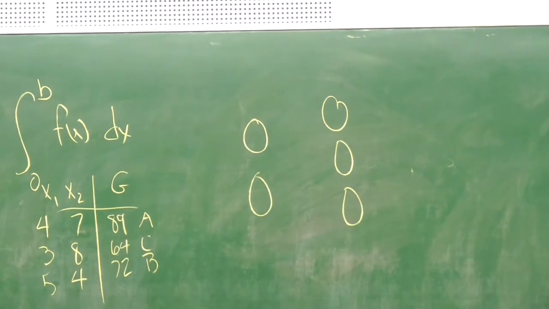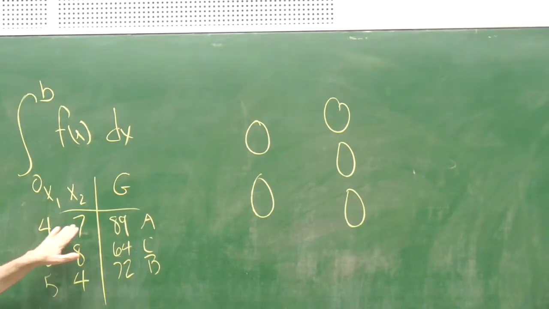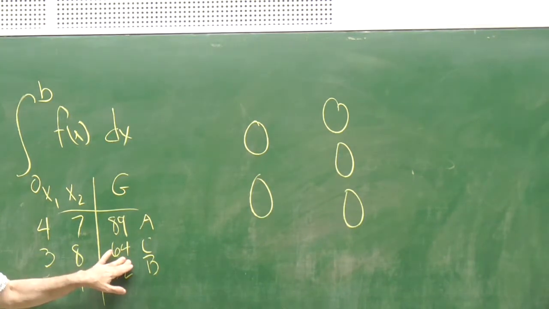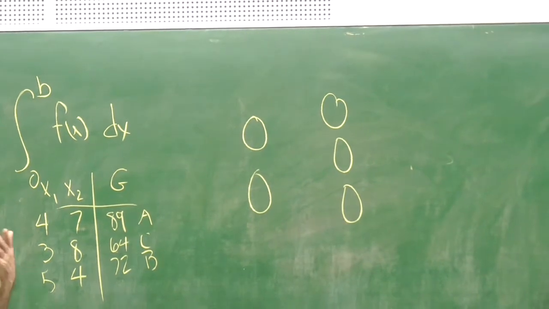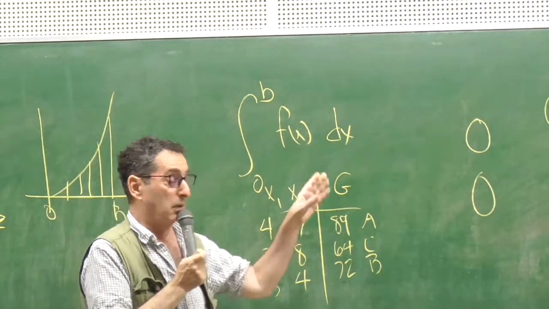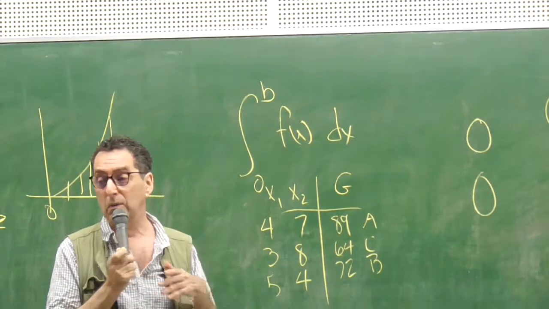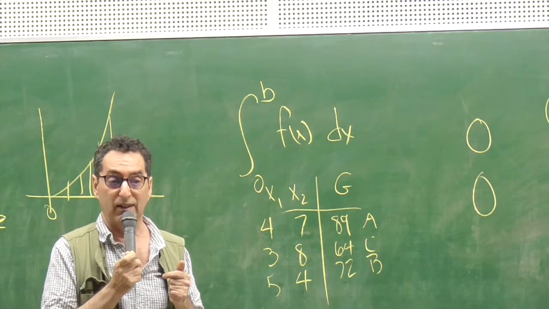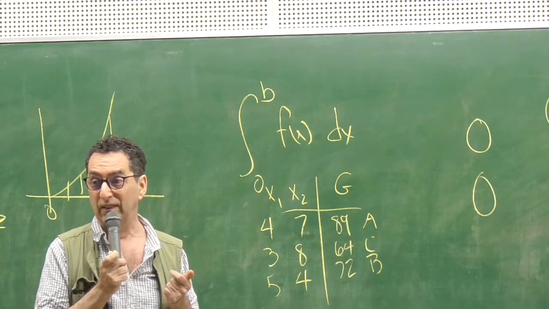This is real data. Like when I did 4 and 7, I got an 89. When I did 3 and 8, I got a 64. When I did this and this, I got a 72, right? So then I want to build, or train, the network with this. And then afterwards, we ask, what are you going to predict happens tomorrow? And then we want to see how well it works.